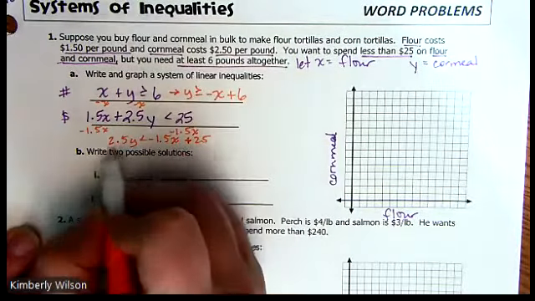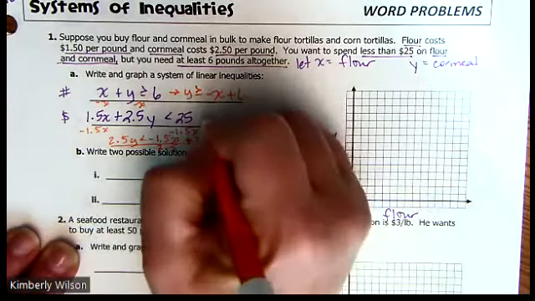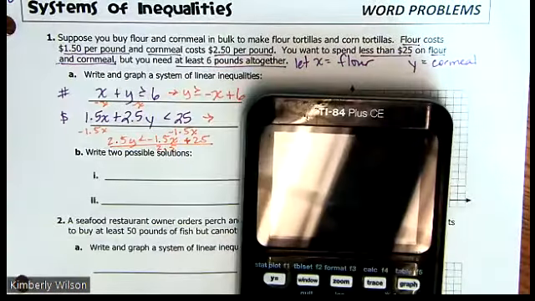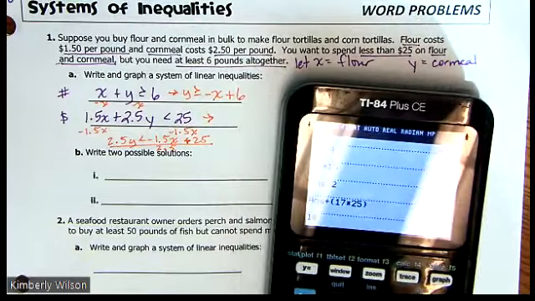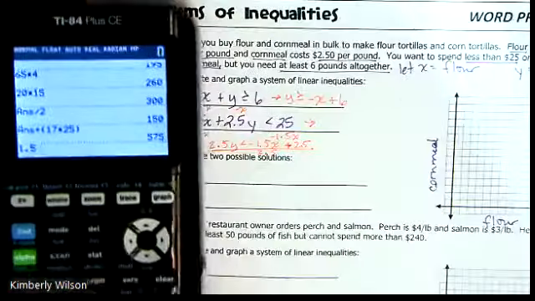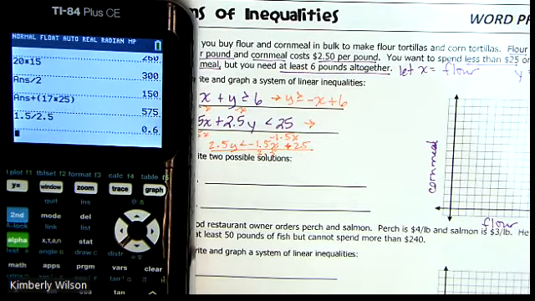Now we have to divide by 2.5. I'm doing 1.5 divided by 2.5, and that's 0.6.